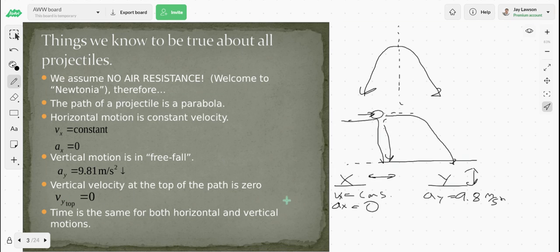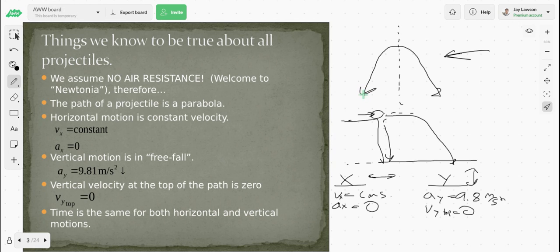The next one. The vertical path, I cannot talk today. The vertical velocity at the top of the path is 0. So v of y at the top is going to be equal to 0. Let's look at this example up here at the top, where I had this parabola. Let's say I was throwing the football again.